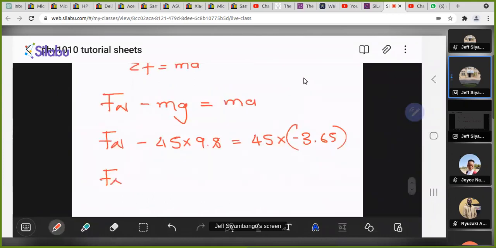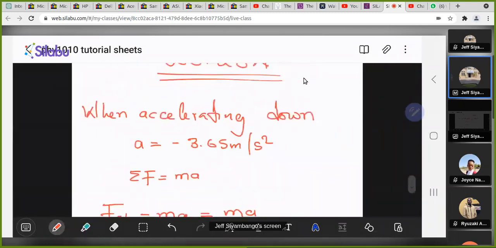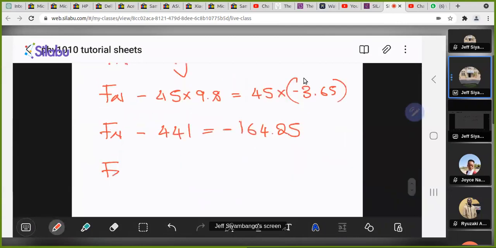This will still be equal to that 441, and this will still be equal to that, what was that? That was 164.25. The only difference is now this will be negative. So that now Fn will be equal to the 441, which will now be positive. This will still be negative.